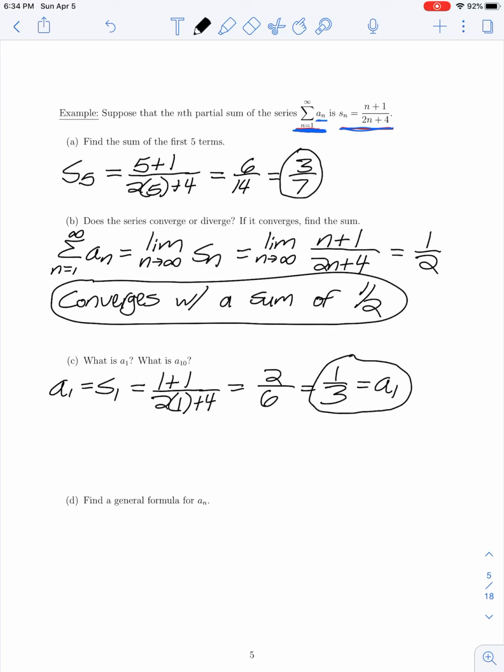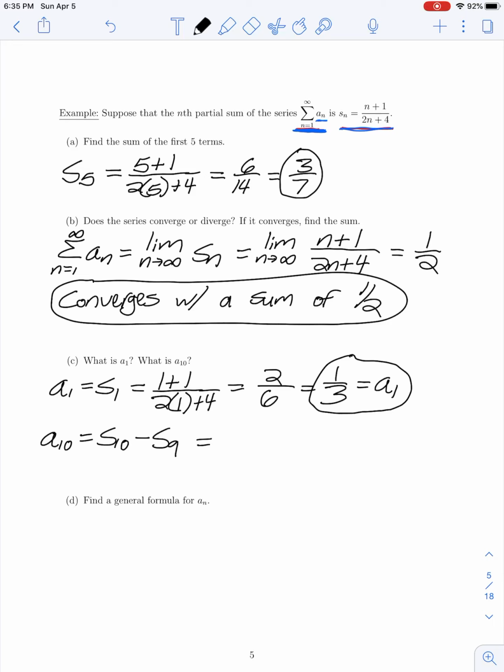Now we're also asked for A10. That is the 10th term within my series. So to get A10, one way I could do it would be to take the 10th partial sum, that is the sum of the first 10 terms, A1, A2, A3, up through A10, and then subtract S9, the sum of the first 9 terms, A1, A2, up through A9, and that difference leaves me with the 10th term in my series.